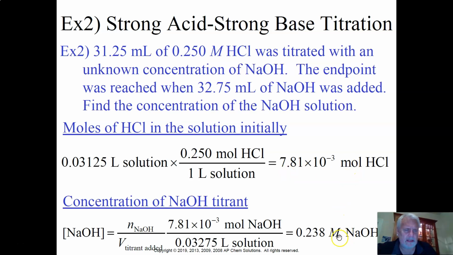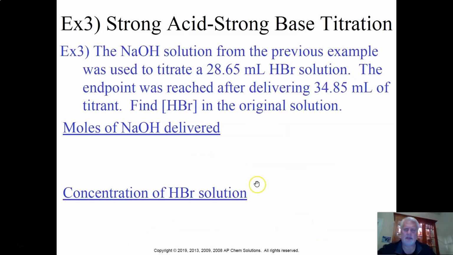Now notice we're not calculating the moles of NaOH yet, because we already know what the moles are based on it's a 1 to 1. So we're going to use the moles of NaOH and the volume, moles per liter, to give you the concentration of NaOH. All right.